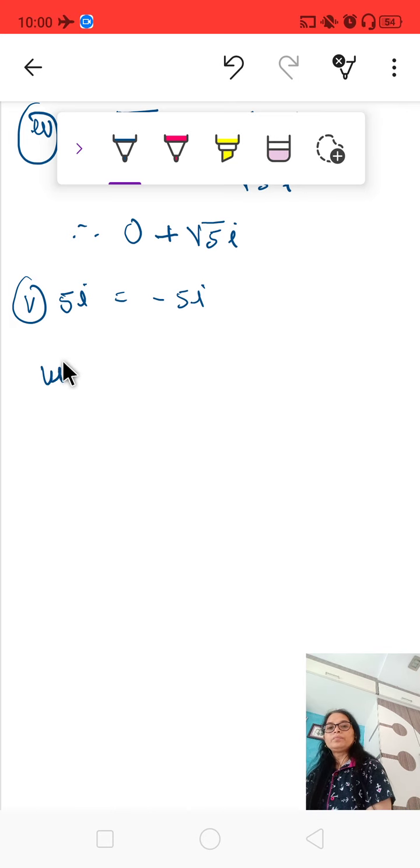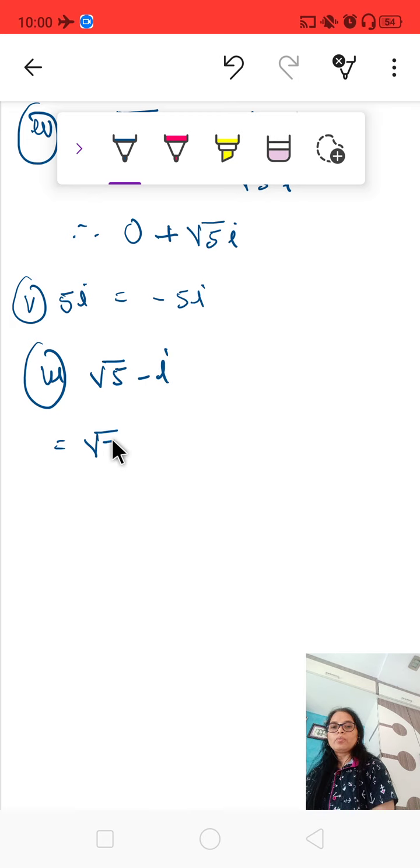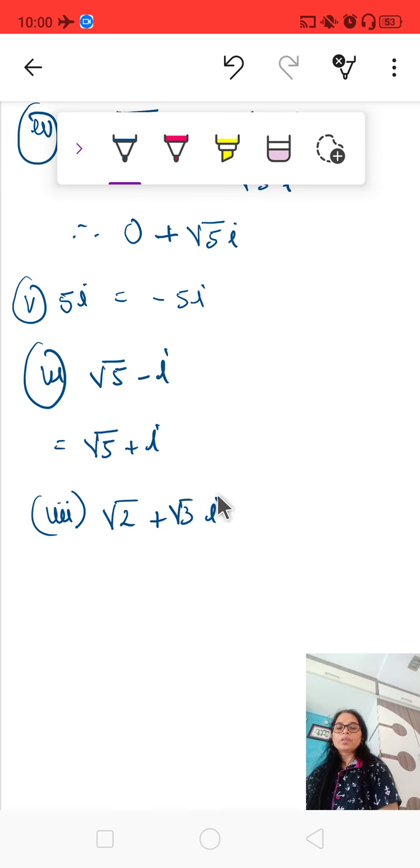Sixth one, root 5 minus i. Conjugate of this one is root 5 plus i. Seventh one, root 2 plus root 3i. Conjugate of this one is root 2 minus root 3i.